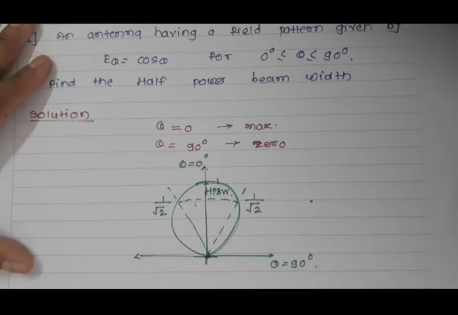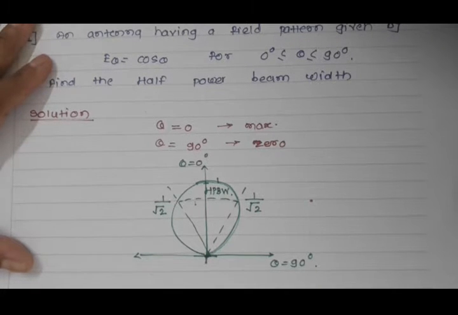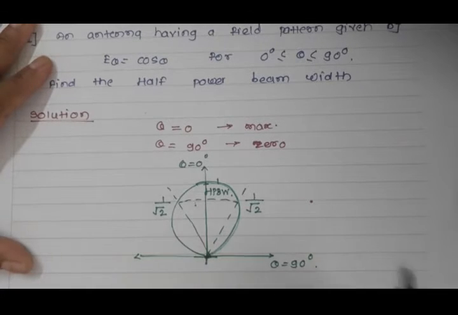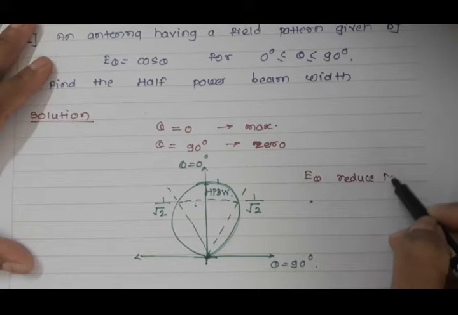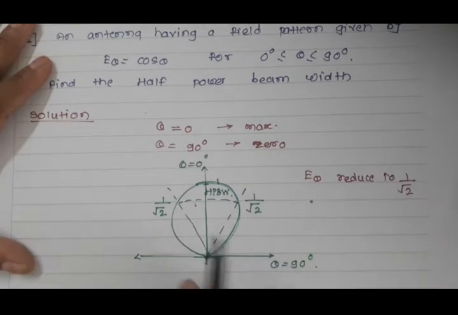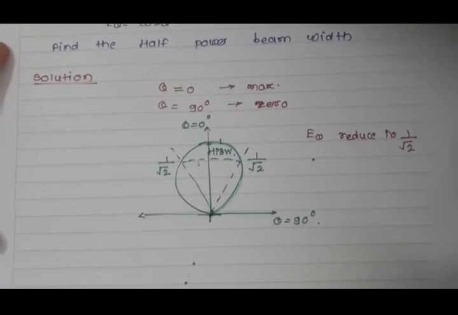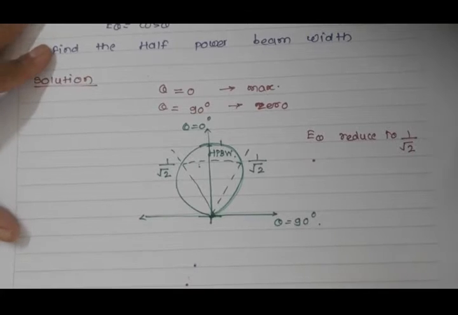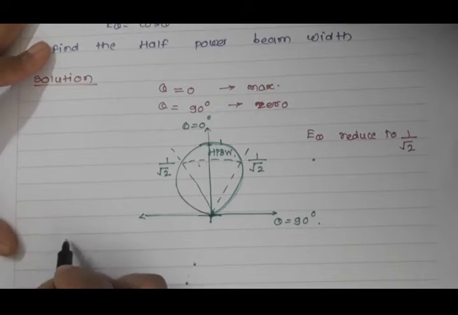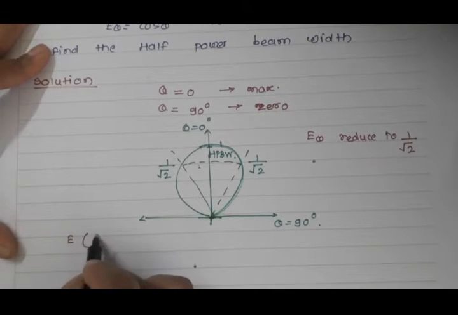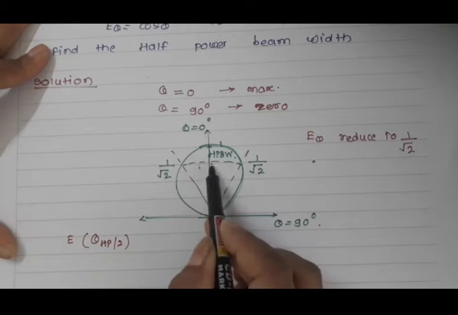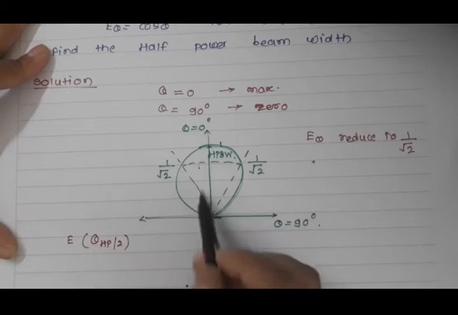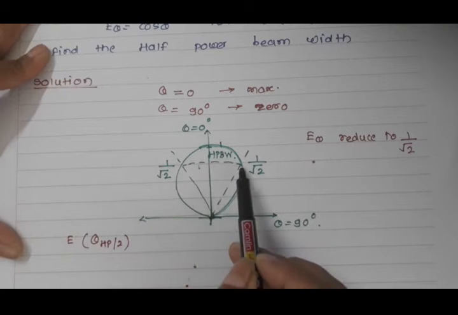Now let us see where I am getting this. Here my E theta must reduce to 1 by root 2, as the maximum is 1 in this normalized plot. So E theta at HP by 2, the half power point, and twice this angle will be the half power beam width.